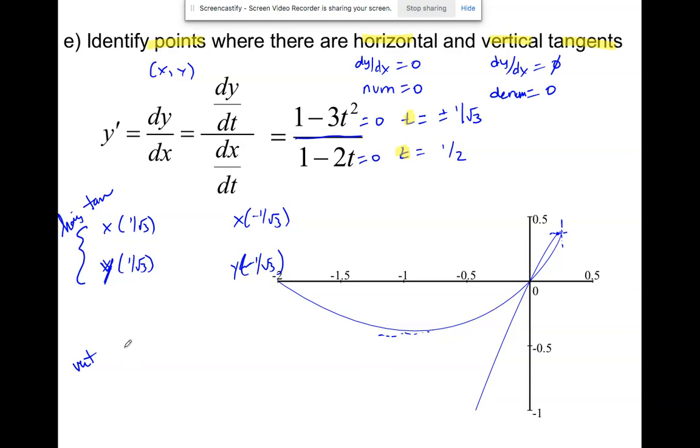And your vertical is going to be, hey, I already know this one, don't I? What did I get out of these other ones? I don't think I wrote them down. Whoops.